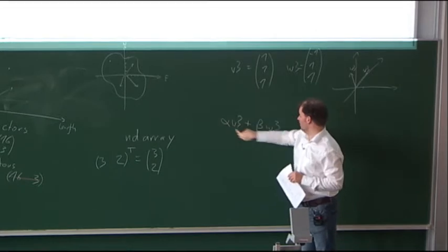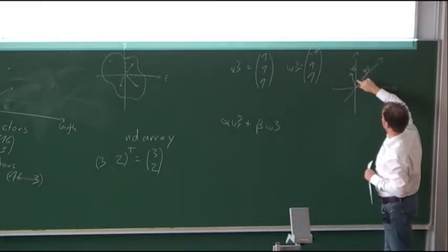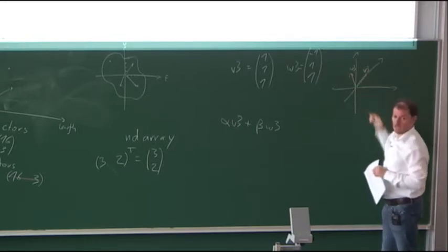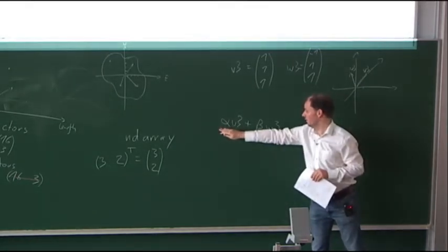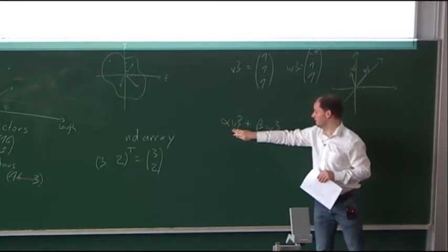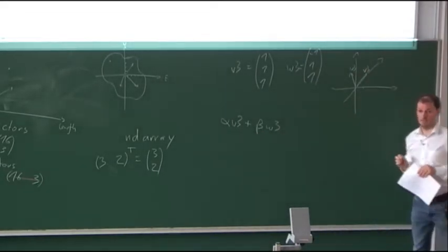Depending on the numbers alpha and beta, I can get different vectors. So I take some alpha times this vector plus some beta times this vector. And can anybody say that all possible combinations of alpha times V3 plus beta times W3, what kind of shape do they take in three-dimensional space?